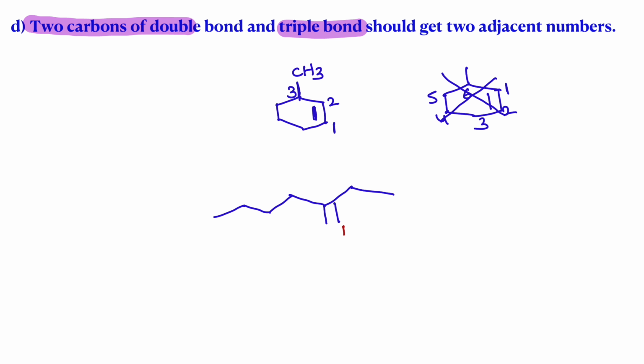So here this is 1, this is 2, this is 3, 4, 5, 6. You may be getting extra carbons like this, for example. In that situation it will become like 7 and 8.